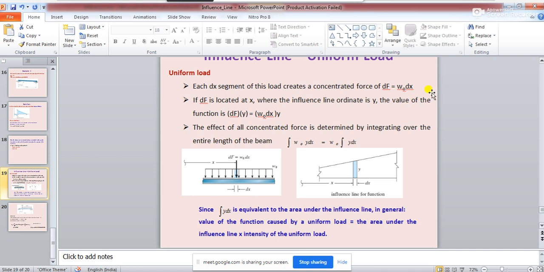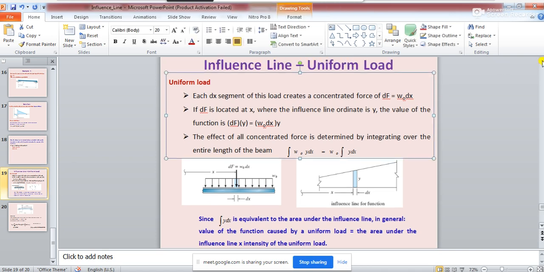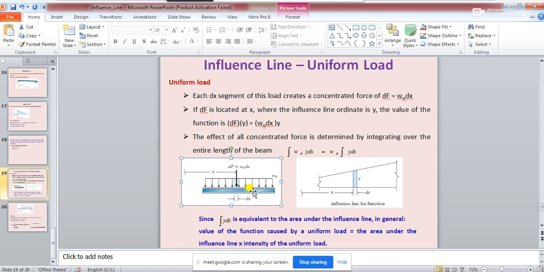It looks to be mathematical, but finally you will notice that this is very simple. Let's say this is the beam, and there is a uniform load.